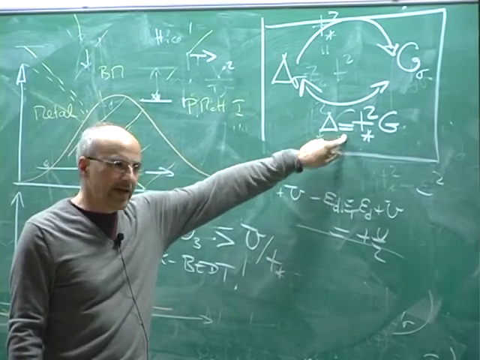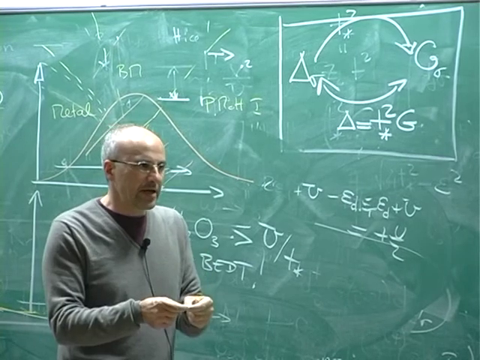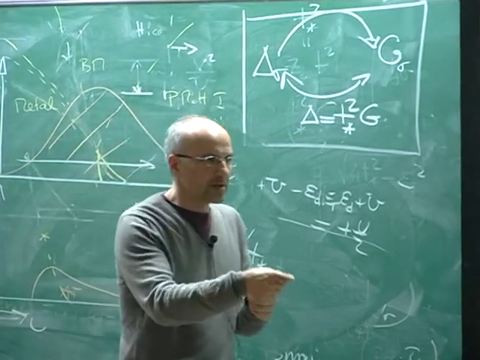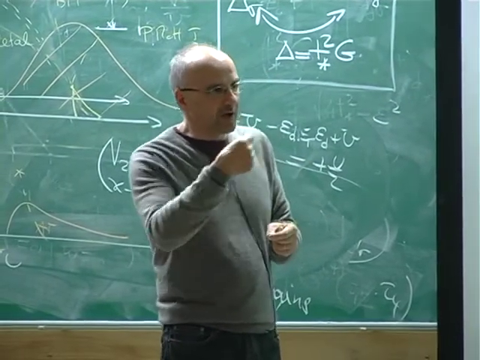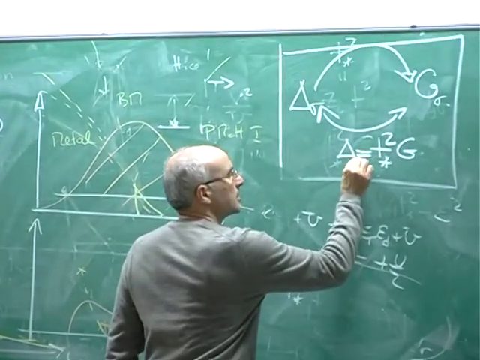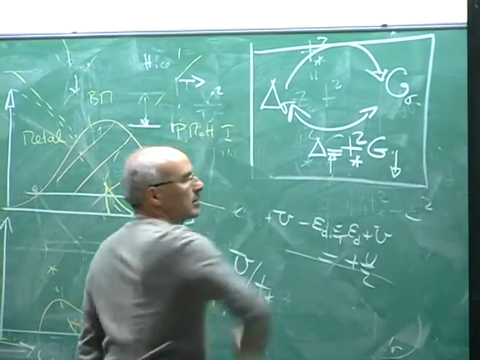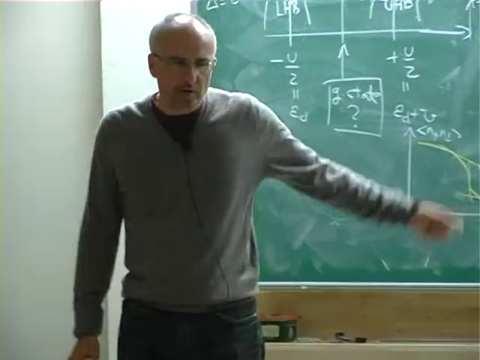I can write it immediately. Because an up electron on sublattice A will hop to an up electron on sublattice B. But an up electron on sublattice B is like a down electron on sublattice A. So the equations are that. These are the equations in the antiferromagnetic phase on the Bethe lattice.